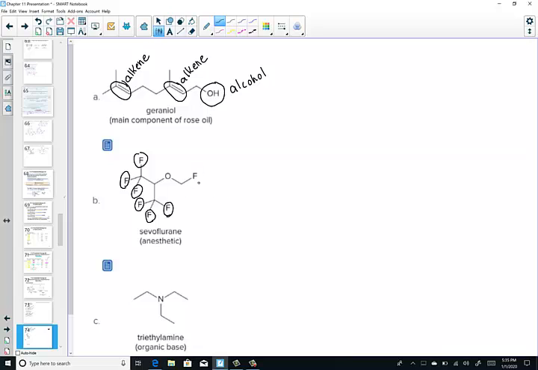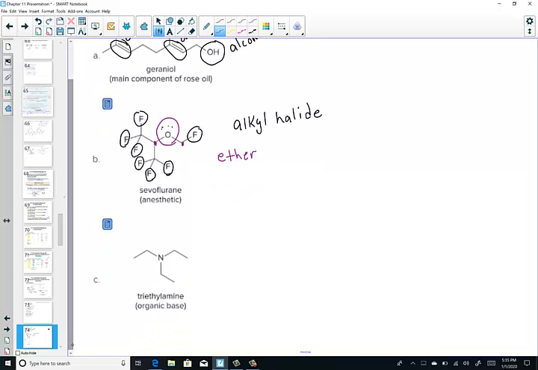So that fluorine, every time I see a fluorine, that functional group is what we refer to as an alkyl halide. I also notice that this oxygen group is in a carbon backbone bonded to 2 other carbons. This is what we refer to as an ether. And the last one on this page, I have a nitrogen that's attached to 3 other carbons. This is what we'll learn is called an amine, a tertiary amine. It's attached to 3 other carbons. It's the only functional group I see in that letter C.